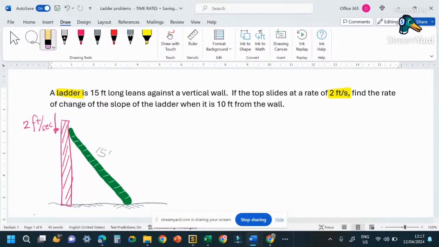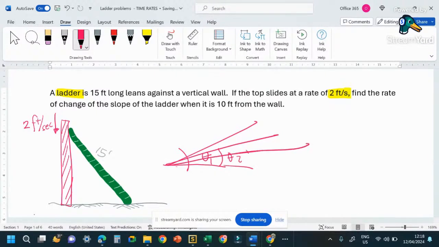Now, we're going to get the change of the slope. If this is the angle, then if it changes to a smaller one, theta 1, theta 2, theta 3, so we have to get the rate at which the bottom of the ladder would be moving from one point to the other after some time.